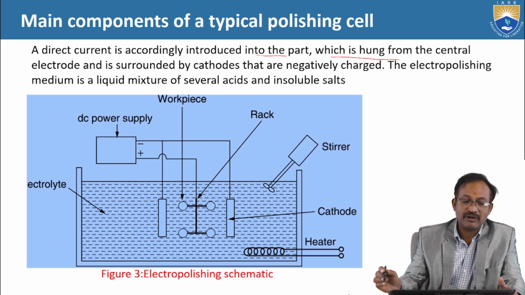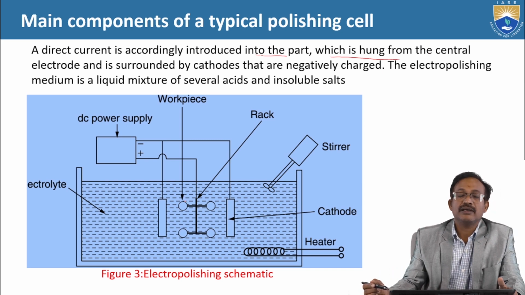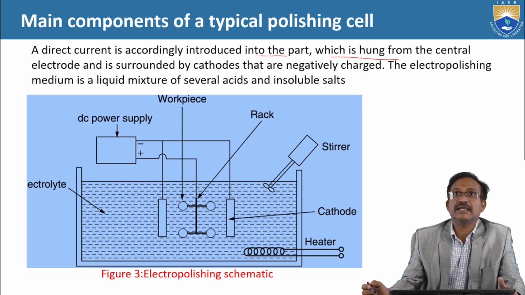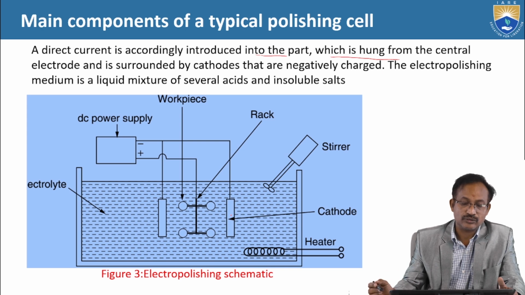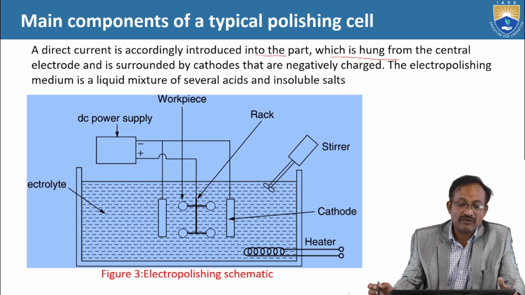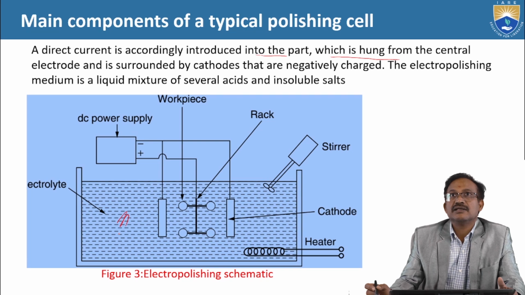The part is hung from the central electrode and is surrounded by cathodes that are negatively charged. So this is the cathode that is negatively charged. The electropolishing medium is a liquid mixture of several acids and the insoluble salts.